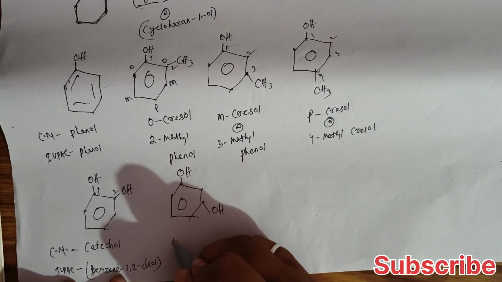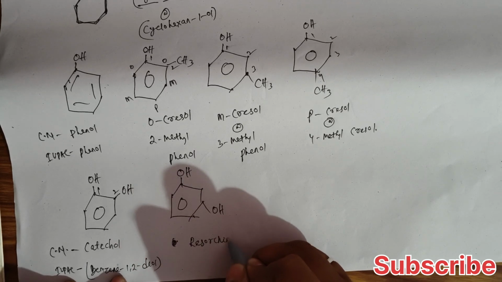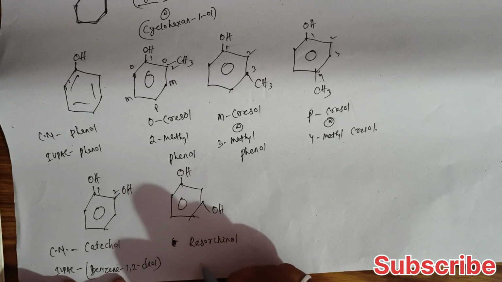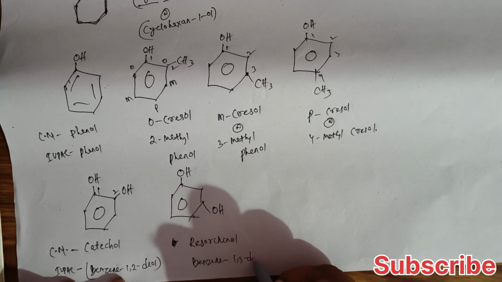Okay, so like this, if it is at the second position, or ortho position. If OH is at the meta position, the common name will change and it is called resorcinol. IUPAC will be benzene 1,3-diol.